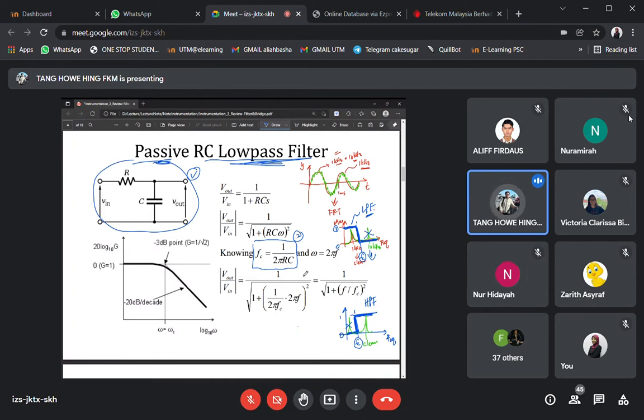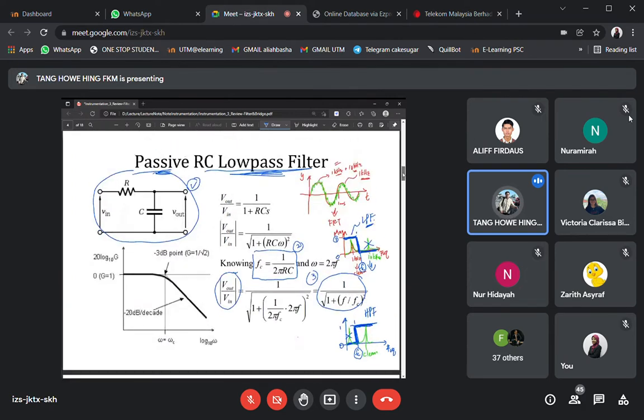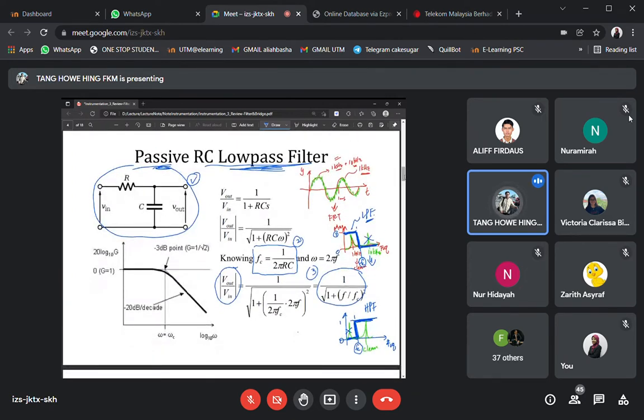And lastly, the gain or the transfer function of this low-pass filter, where Vout over Vin is equal to 1 over the square root of 1 plus (f over fc) squared. So these are the three things that you need to memorize in order to know how to design this RC low-pass filter. How exactly we can use this, I will show you later in the examples.